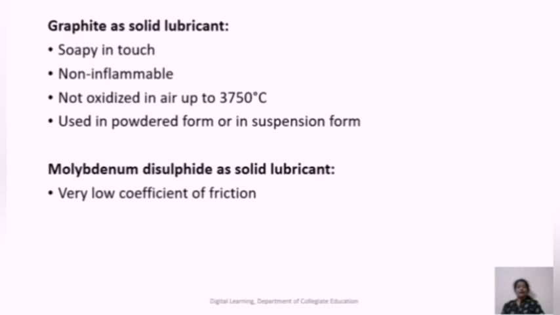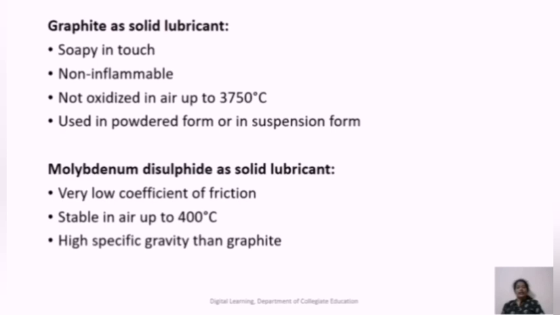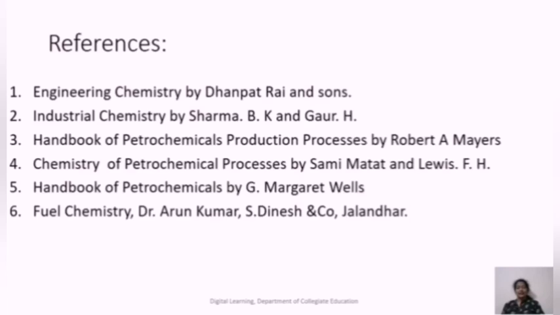And when you come to molybdenum disulphide, it has a very low coefficient of friction, and it is stable in air up to 400 degrees, and it has higher specific gravity than graphite, and it is used in the powdered form as well as in additives.